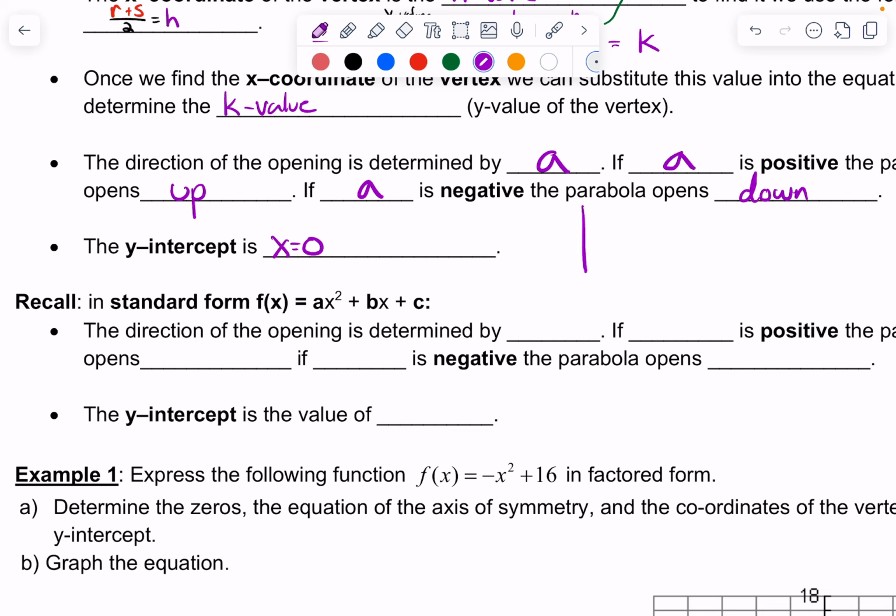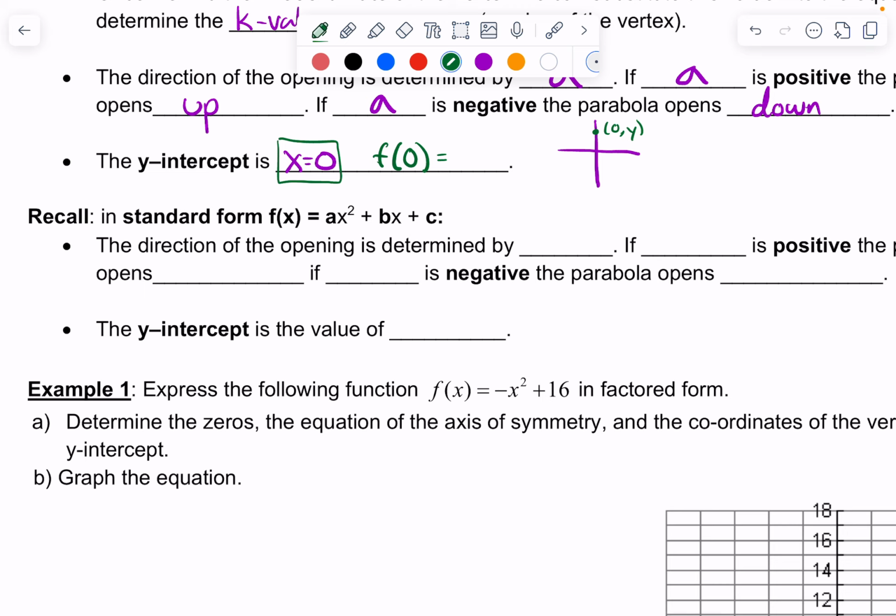Because if you think about a graph, you'd be finding a point right here on this axis, and that would have an x-coordinate of 0 and whatever the y is, all right? But the main idea is that you'd be substituting in x equals 0, or in function notation, f evaluated at 0.